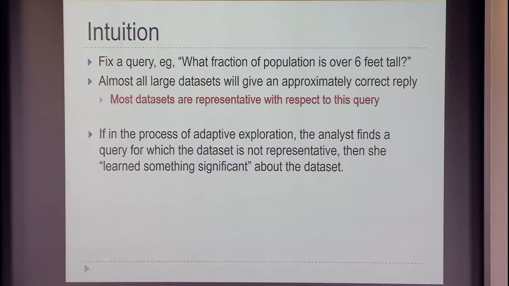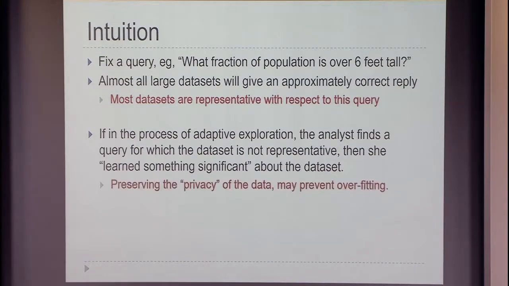If it doesn't happen when she didn't interact with the data set, and it does happen when she does interact with the data set, then she learned something from the data set. Something has changed. So very intuitively, preserving the privacy of the data may prevent this kind of overfitting. And that intuition turns out to be correct.